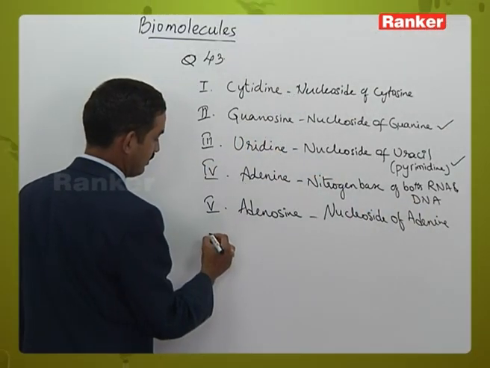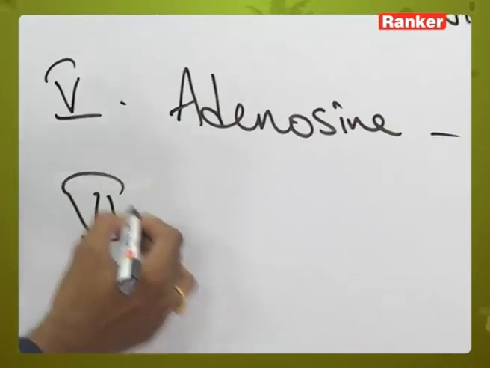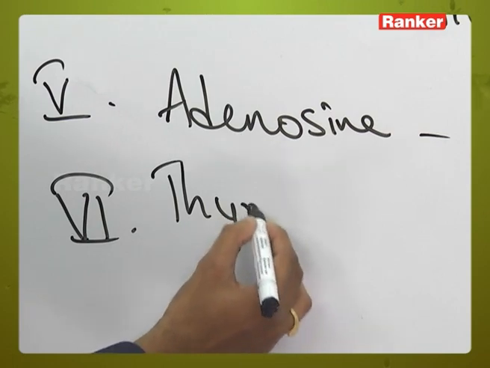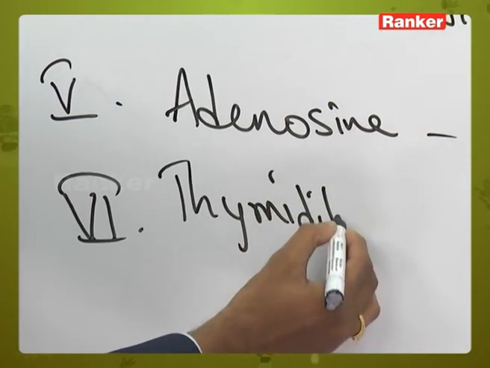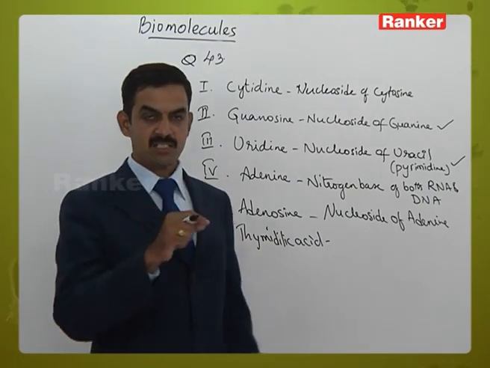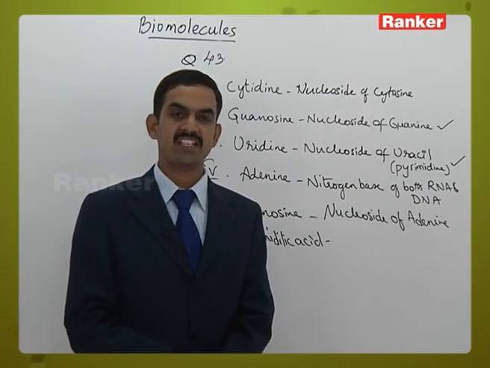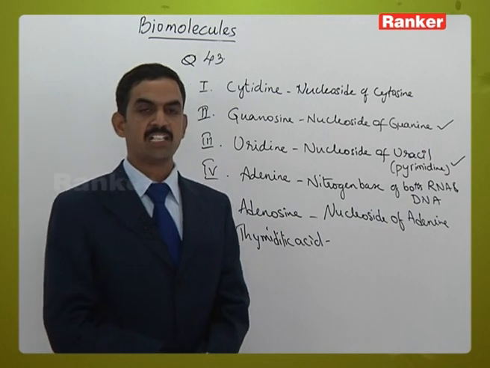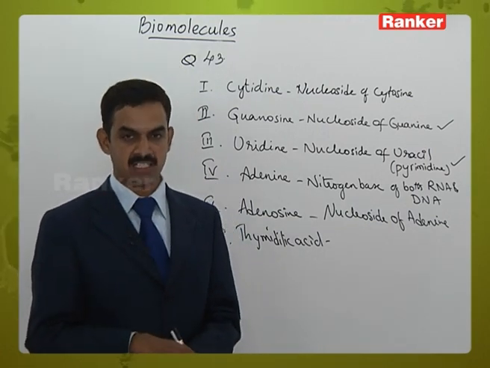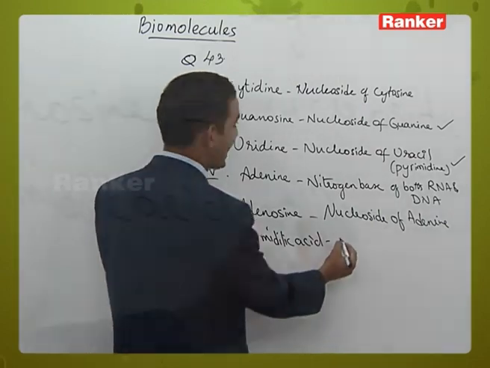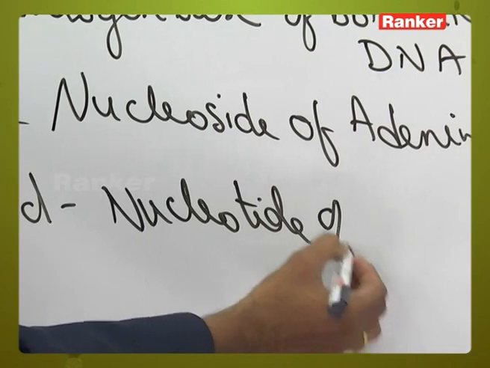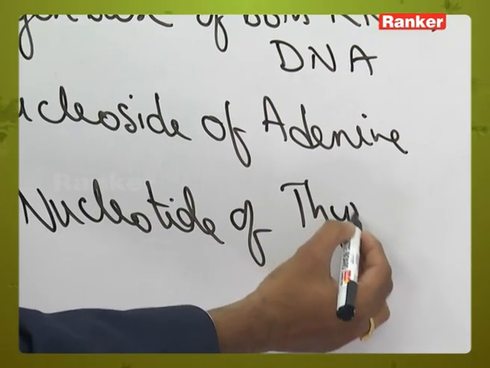Then the sixth one is thymidylic acid. When you say acid, that represents the nucleotide nature, because it includes phosphoric acid. So here it is a nucleotide of the thymine molecule.